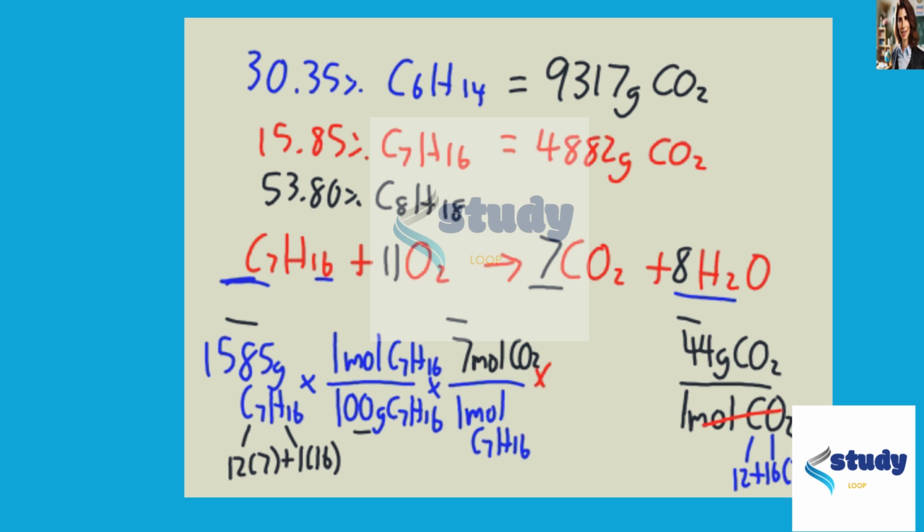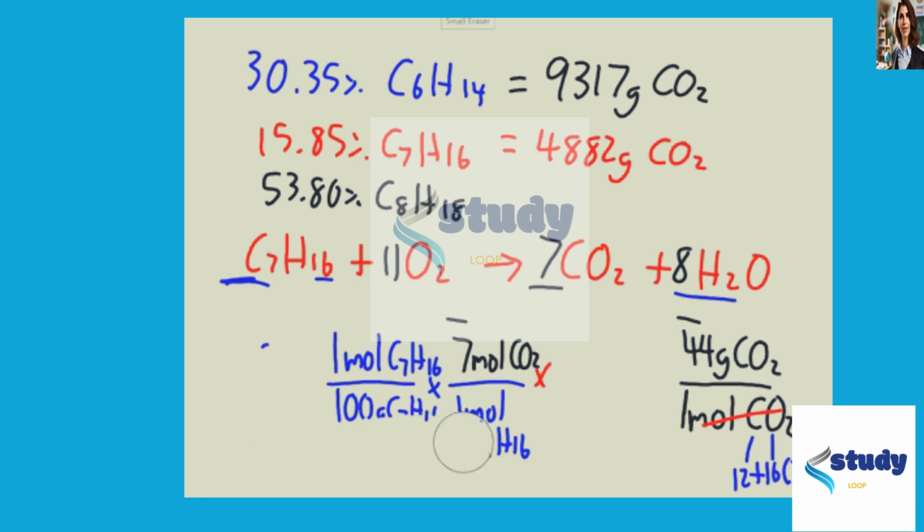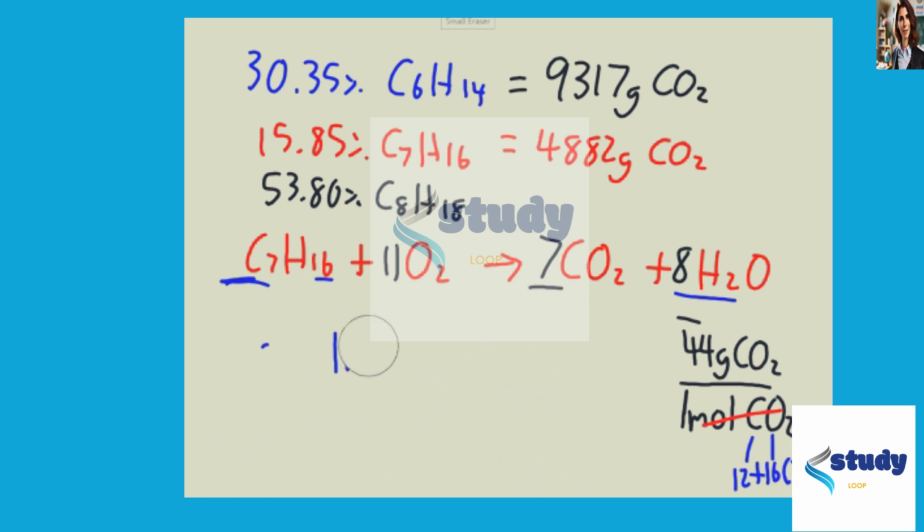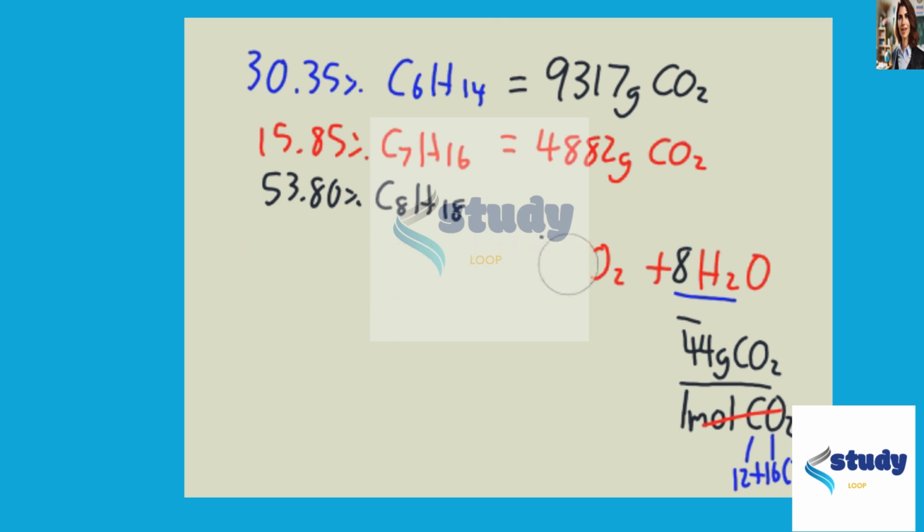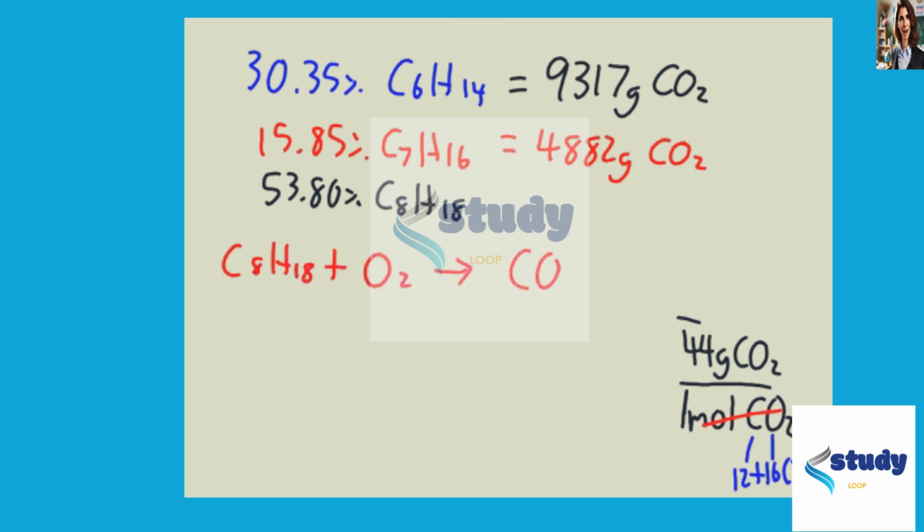Alright, so we've got 2 parts of our fuel done, and now we're going to go on to our third, which is octane. So let's lose all of our stuff here again and write a new equation and component for octane. So octane, C8H18, when it burns in the presence of oxygen, familiar products, CO2 and H2O.